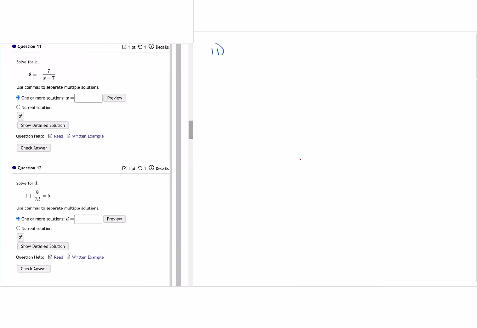Number 11, -8 equals -7 over x plus 7. Again, my domain, x cannot equal -7. That would make my denominator 0. Can't have that. As long as that is stated, we can go about solving.